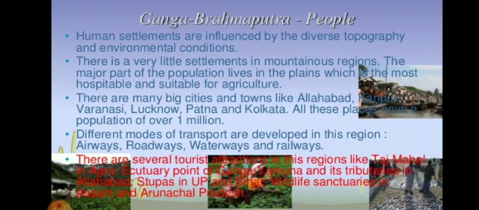Buddhist stupas in Uttar Pradesh and Bihar. Lucknow with its Imam Baras, Assam with Kaziranga and Manas wildlife sanctuaries, and Arunachal Pradesh with a distinct tribal culture attract people throughout the world to this region. So this region is very famous for tourism.